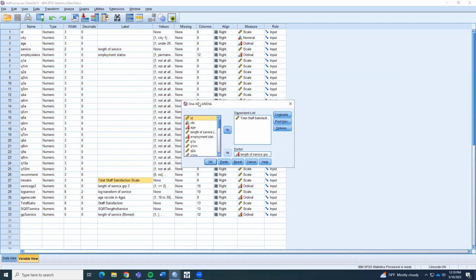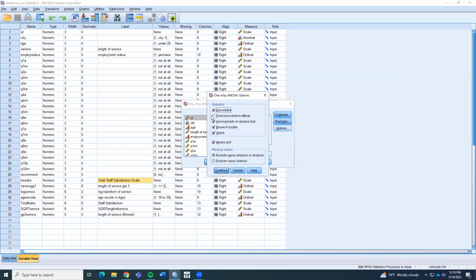Okay, so in the One-Way ANOVA box, we're going to move our dependent variable, which is total staff satisfaction scale, over here to the dependent list. And the independent variable is going to be the length of service. And so we're going to move length of service into the factor box, and we can see that I've done that. And then we select options.